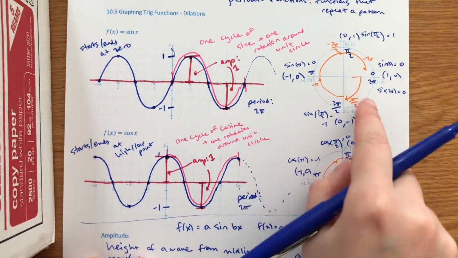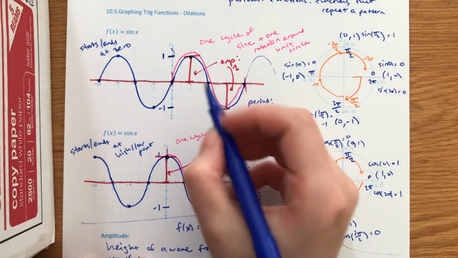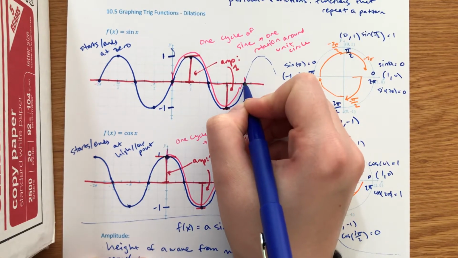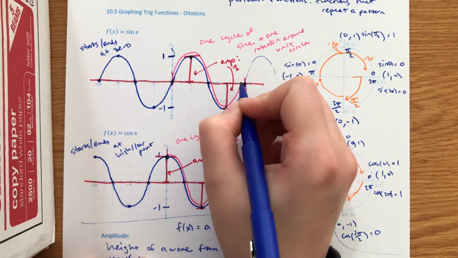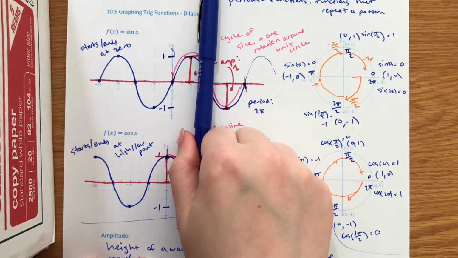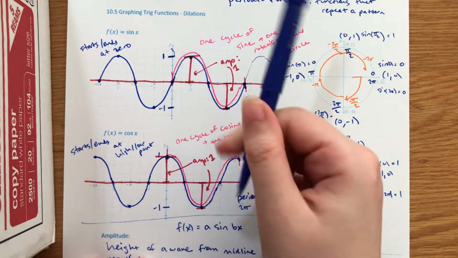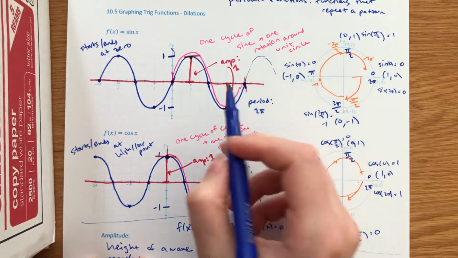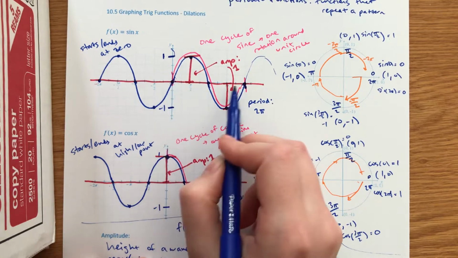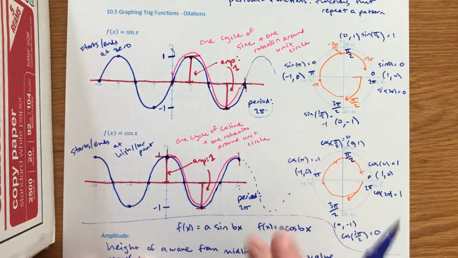Our period for just sine is 2 pi. So you put a dot on 0, 0, and then you know that your cycle is going to be done at 2 pi and it's going to end on 0. Sine starts at 0 and ends on 0. The next thing I do is I know that the midpoint, halfway between, is also at 0. Our period is going to change because I'm going to give us some harder functions, but all you have to do is take the period value divided by 2.